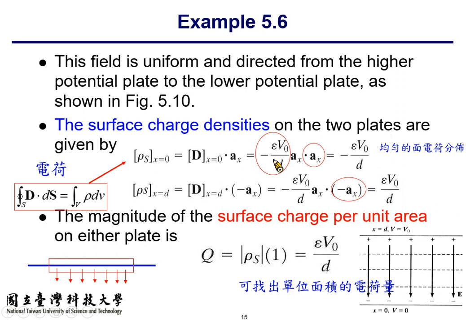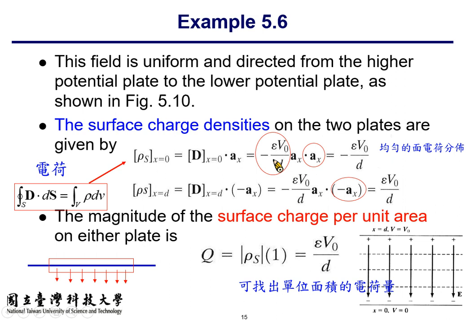The electrical field only passes through the bottom surface. So the surface integral on the top surface and the sides do not count. We only count the electrical flux passing through the bottom surface. So you substitute the expression for D, that is the electrical field intensity E times epsilon, the permittivity.